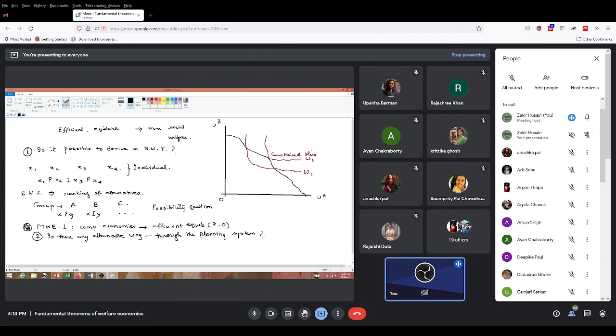Can a socialist government where there are no markets, you only have the planning system, is it possible to attain Pareto optimality in this type of economic system? This is the Lange-Lerner theorem.